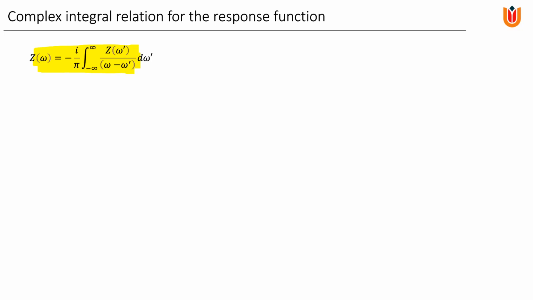So by itself, this is some kind of mathematical magic, but not really useful. That comes when we split z of omega into real and imaginary parts.